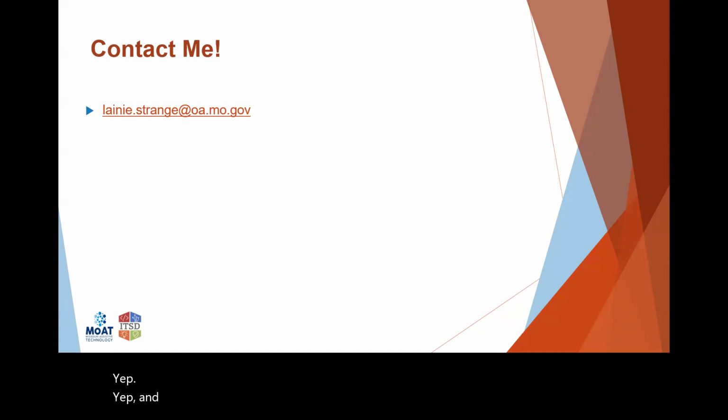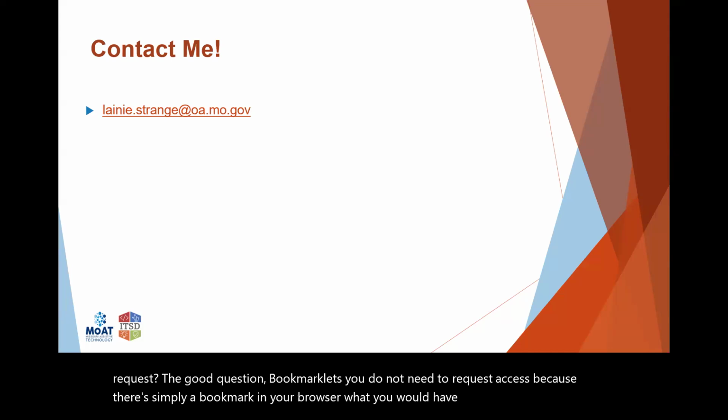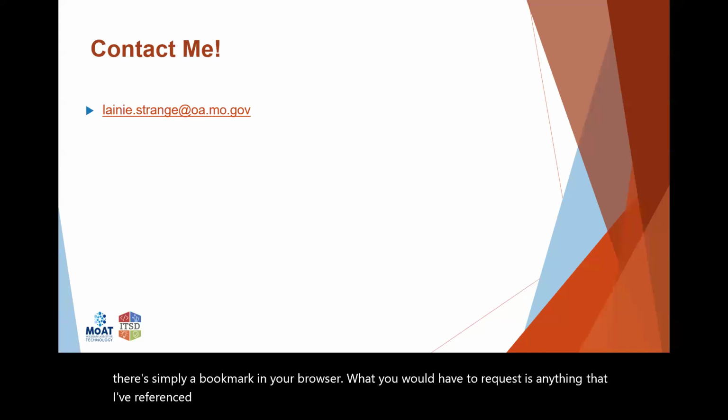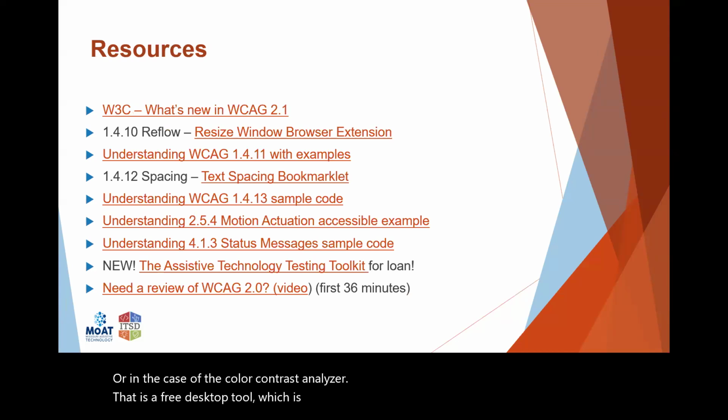Is the text spacing bookmarklet something that we need to request? Good question. Bookmarklets, you do not need to request access because they're simply a bookmark in your browser. What you would have to request is anything that I've referenced that is a browser extension, or in the case of the color contrast analyzer, that is a free desktop tool, which is also approved for us.